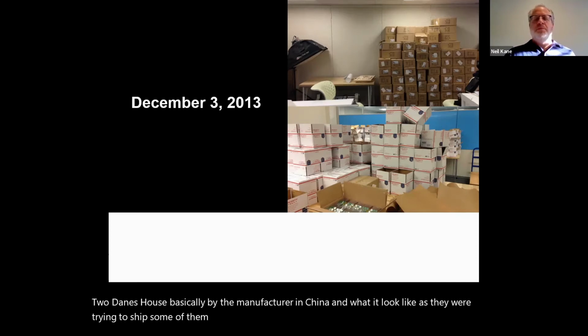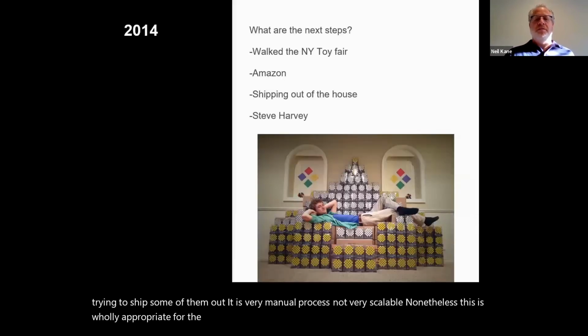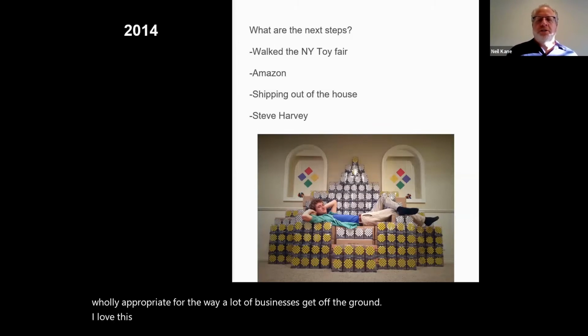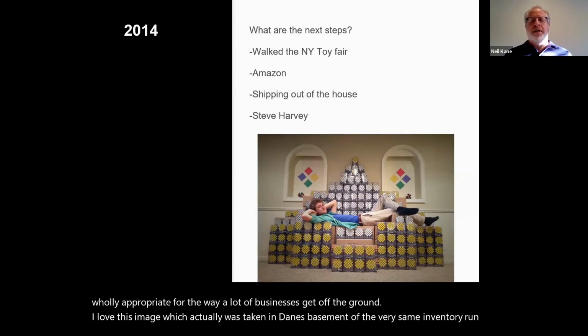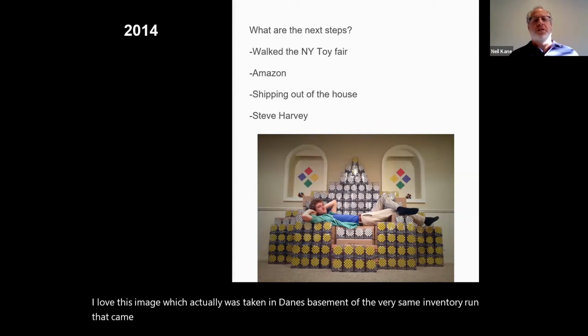It was a very manual process, not very scalable. Nonetheless, this is wholly appropriate for the way a lot of businesses get off the ground. I love this image, which actually was taken in Dane's basement, of the very same inventory run that came from this first manufacturer in China.